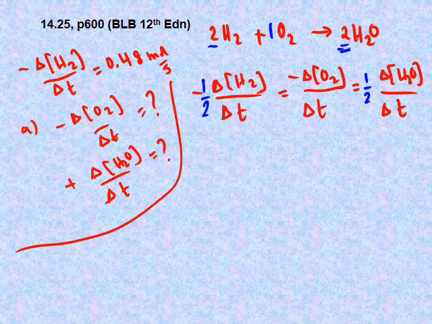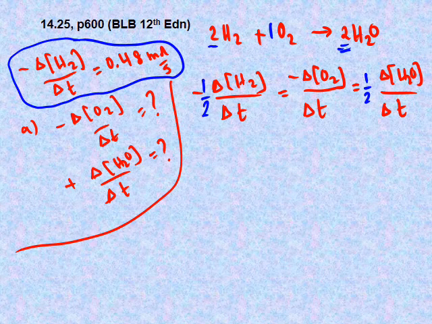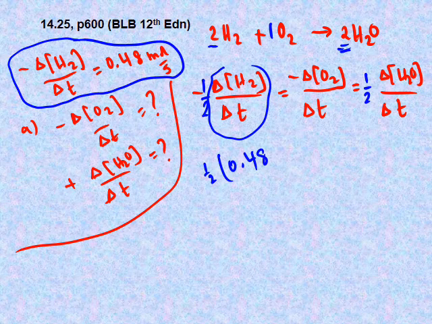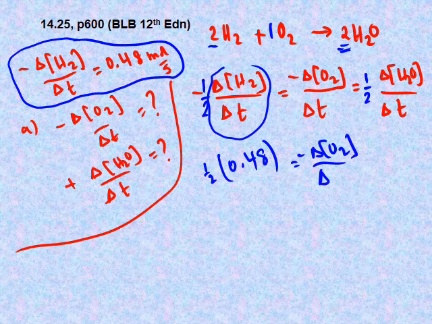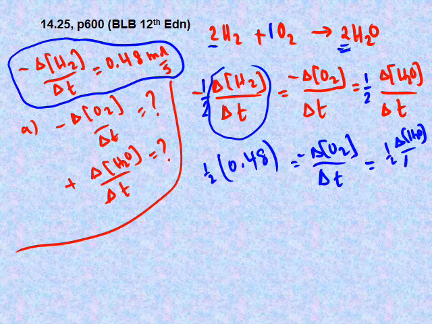Now we already know the value, because they have given the value for minus delta H2 by delta t. They're saying hydrogen is burning at the rate of 0.48, so obviously this quantity is 0.48. So let me write half of minus delta H2 by delta t in terms of 0.48, and that equals minus delta O2 by delta t, and that equals half of delta H2O over delta t.